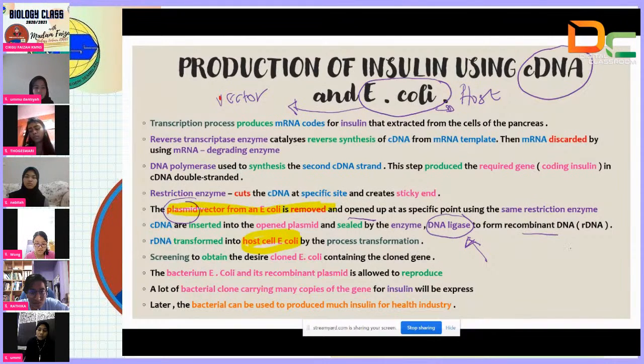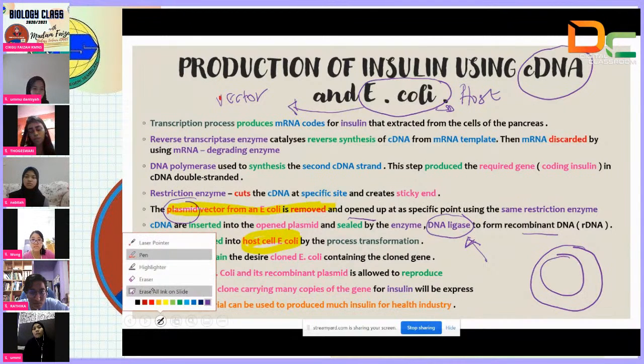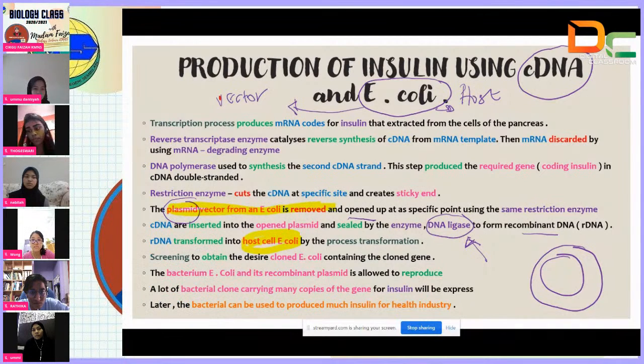So if teacher draws like this, the recombinant DNA will have, the red color here, when teacher sketches this one, class, this will contain the cDNA, the cDNA that we have already inserted.